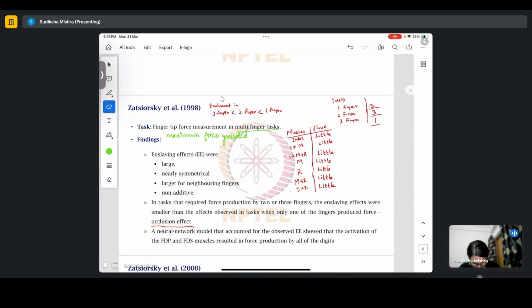Suppose the master finger is the middle finger, so the enslaving effects will be maximum for index and ring fingers.